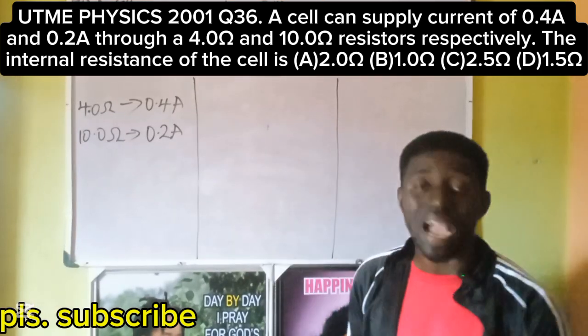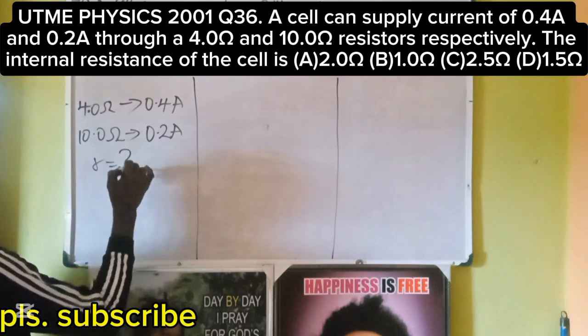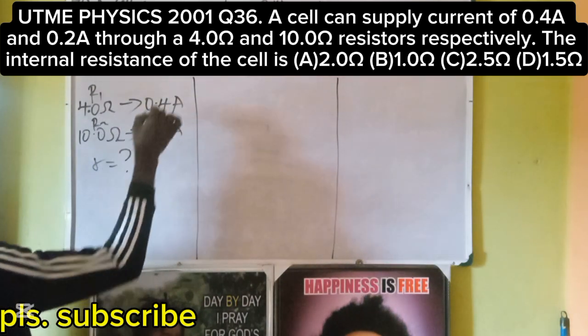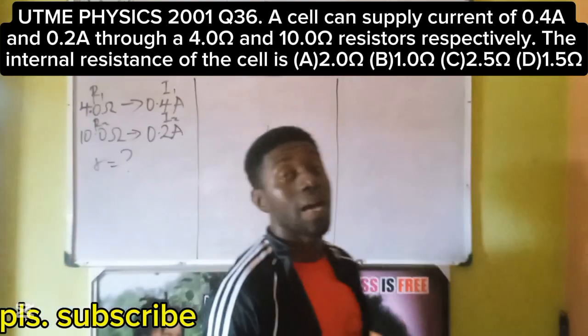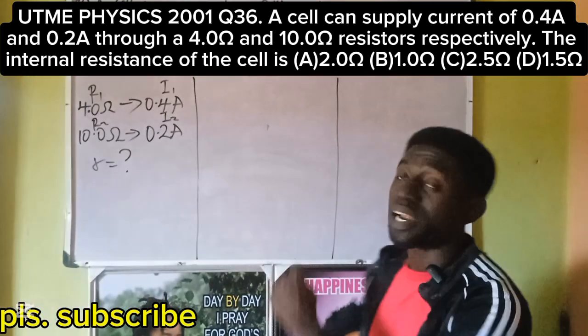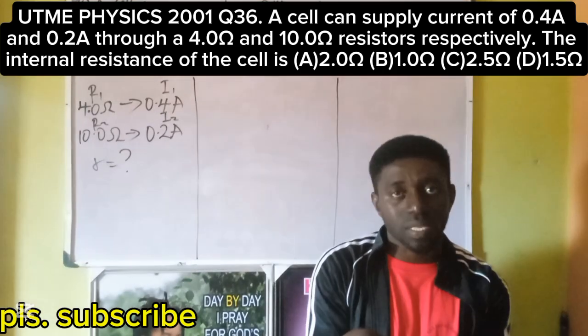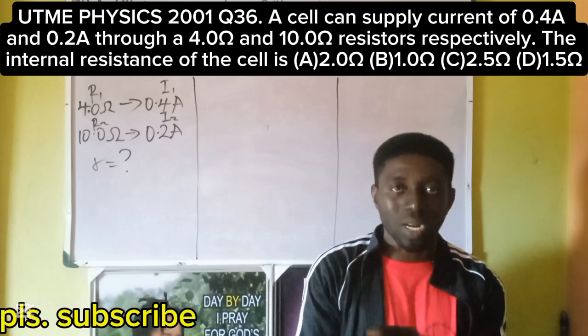So the question is saying, find the internal resistance, small r. This capital R, we have 2. This current, we have 2. Then observe. For us to find the internal resistance, we have to go back to that circuit diagram. We observe what is variable and what is a constant.